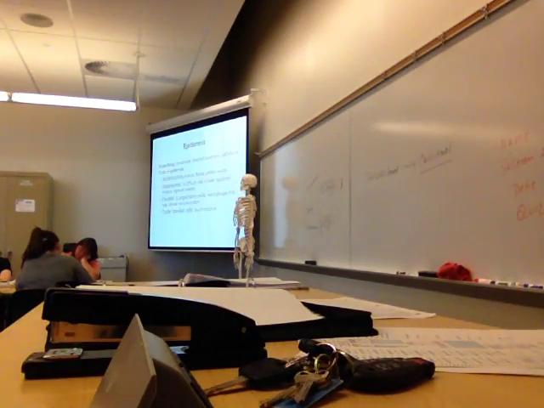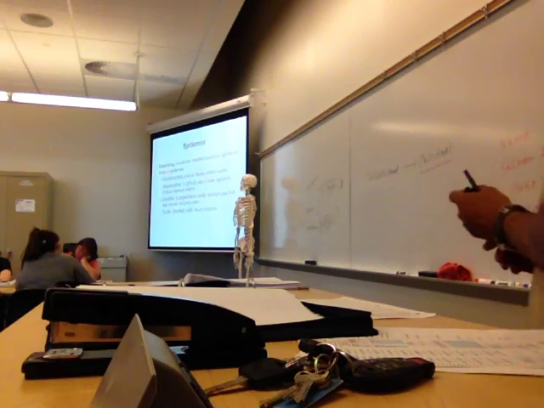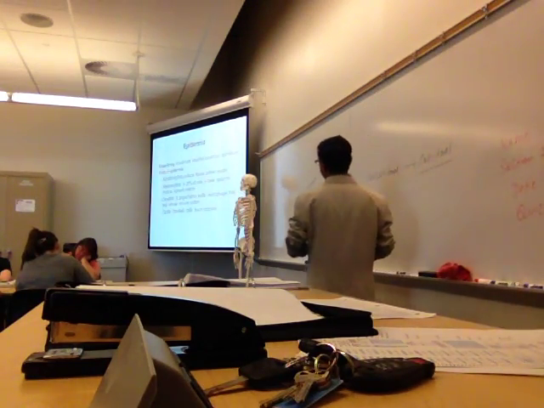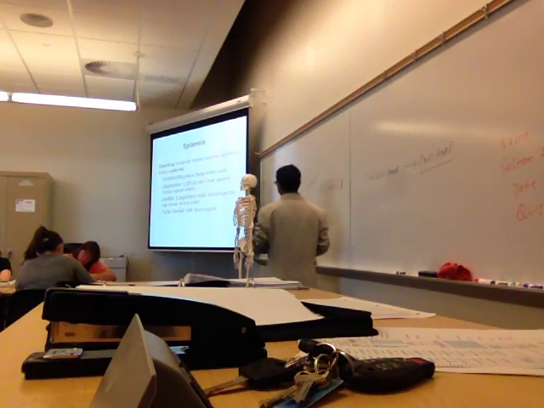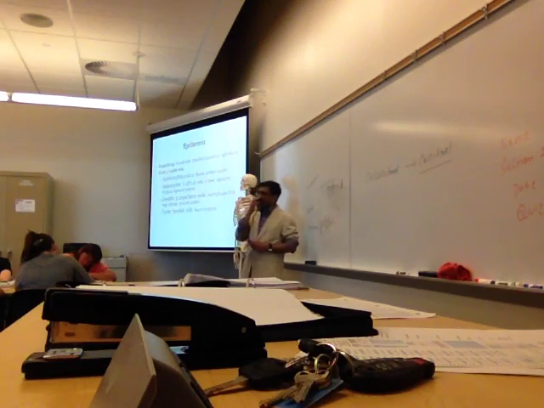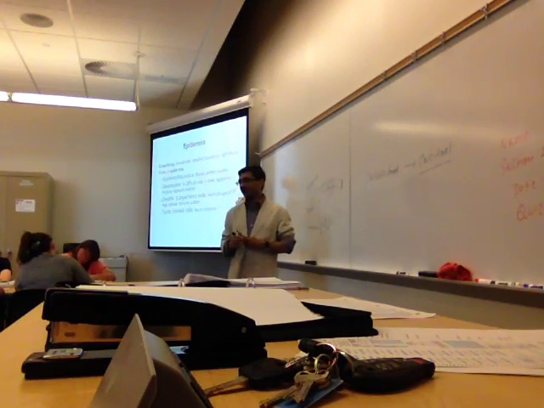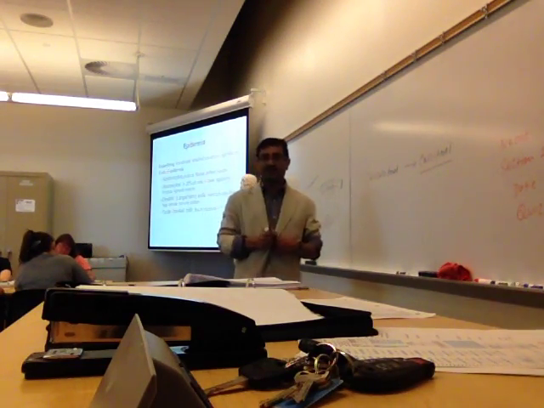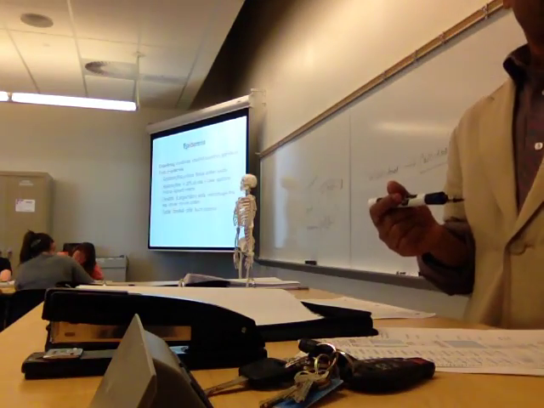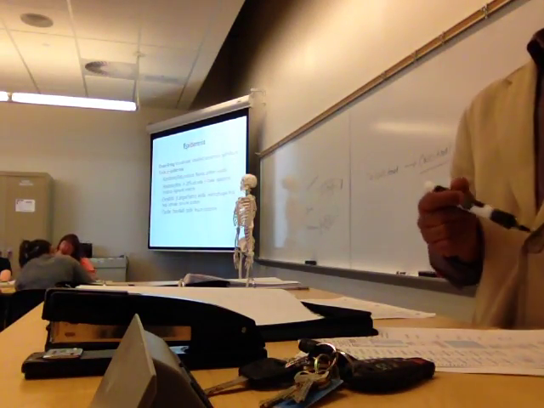Now, other cells of the epidermis are keratinocytes, melanocytes, dendritic cells, and tactile cells. So those are other cells present in the epidermis. But the most common type is stratified squamous, many layers of squamous cells.